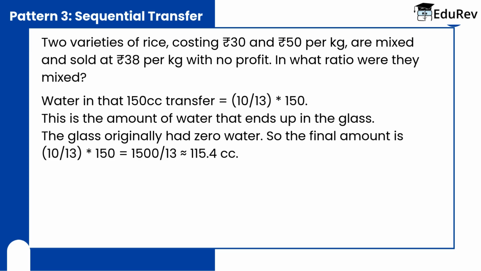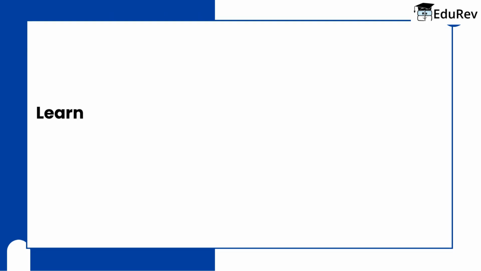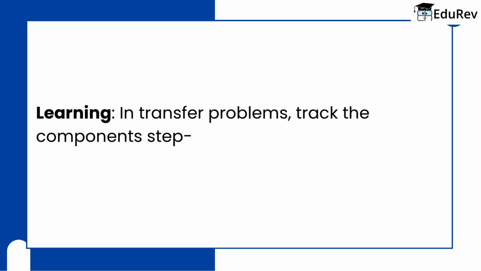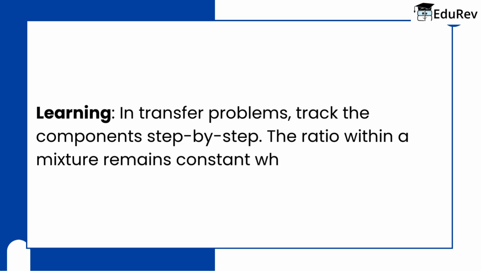So the final amount is 10 by 13 into 150 equals 1500 by 13 equals 115.4 cc. Learning: in transfer problems, track the components step by step. The ratio within a mixture remains constant when you draw from it.